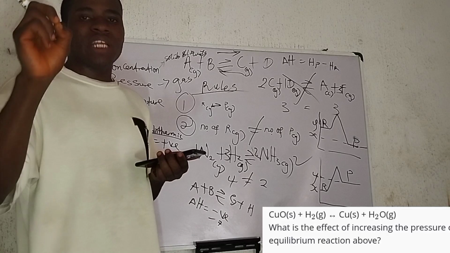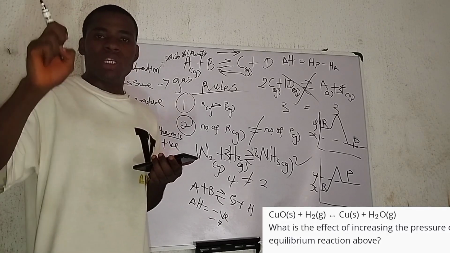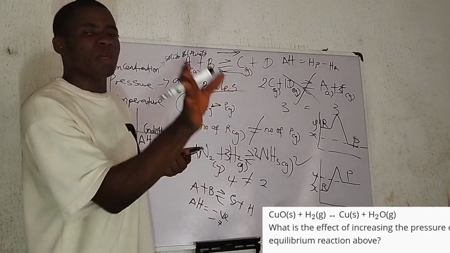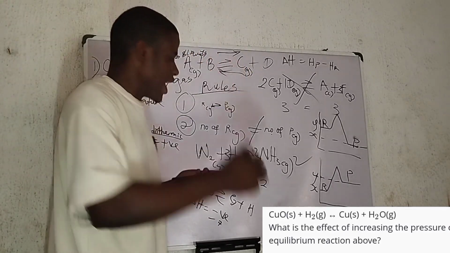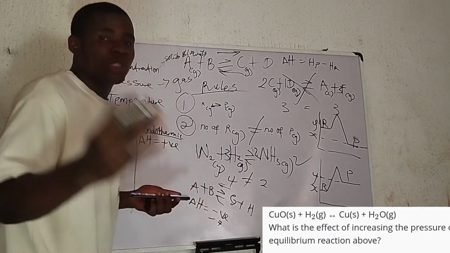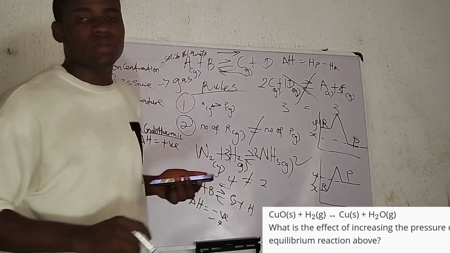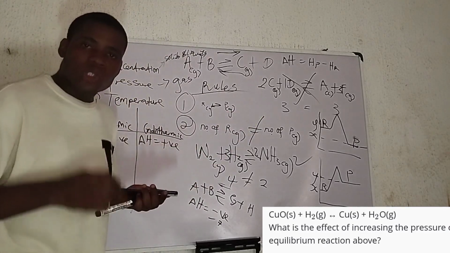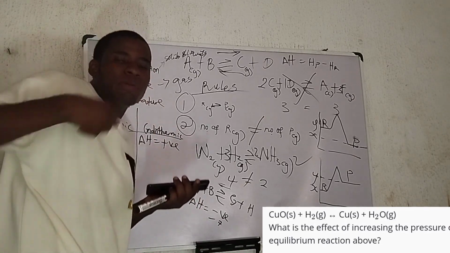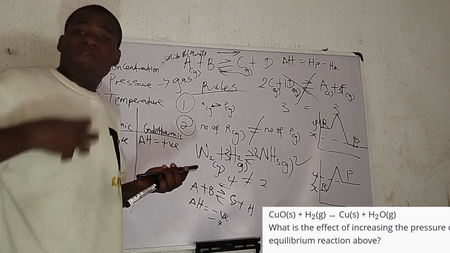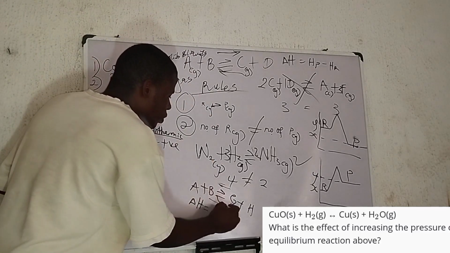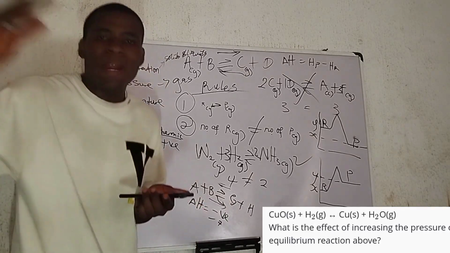So increasing temperature in an exothermic reaction will favor the backward reaction instead of the formation of the product. It will favor the formation of the reactant, and shift the equilibrium position to the left. But when you decrease the temperature, removing heat from it, it will favor the forward reaction, favor the formation of the product, and shift the equilibrium position to the right.